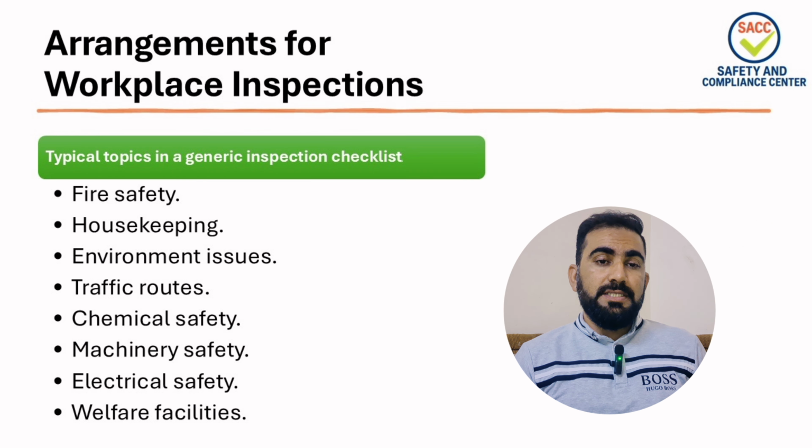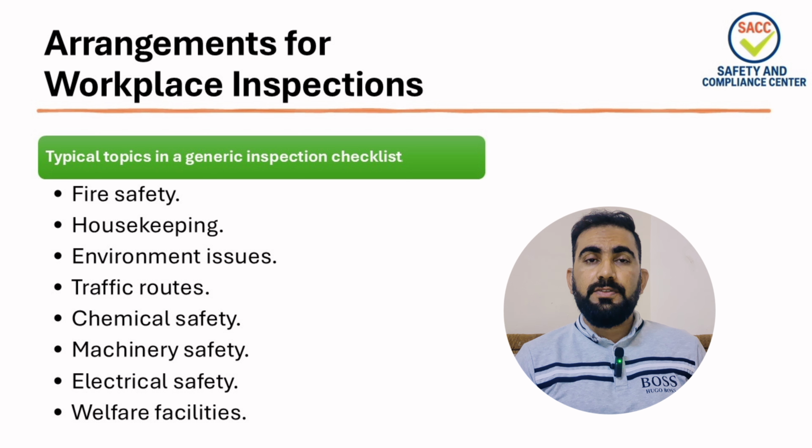A typical workplace inspection checklist includes key areas to keep everyone safe. This usually covers fire safety to prevent and control fires, housekeeping to maintain a clean and tidy environment, and environmental issues like waste management.